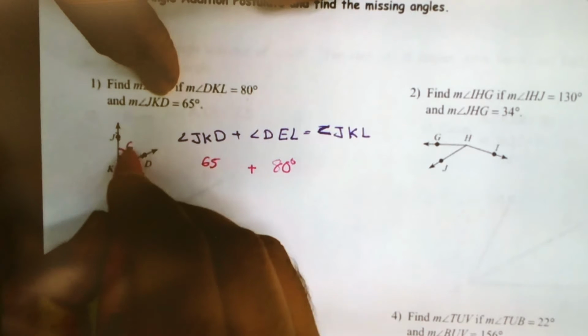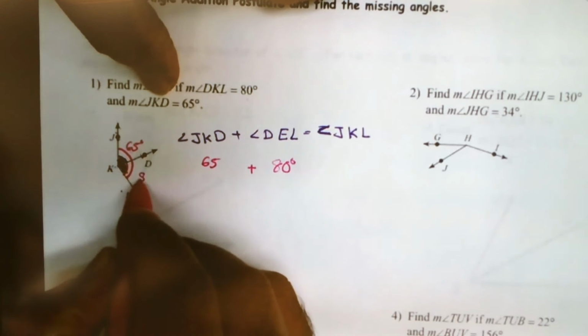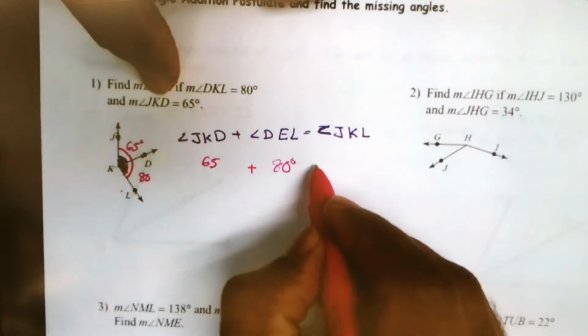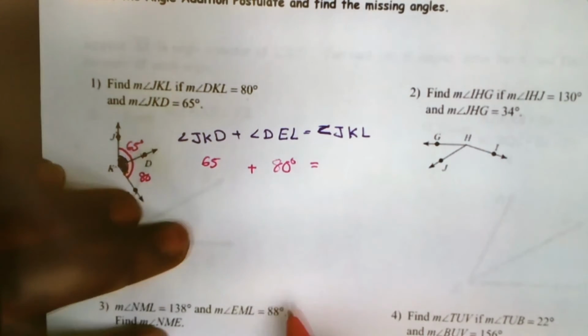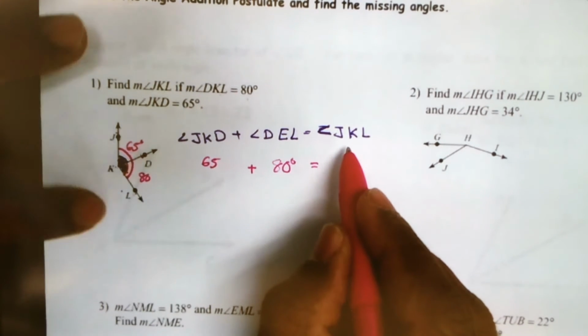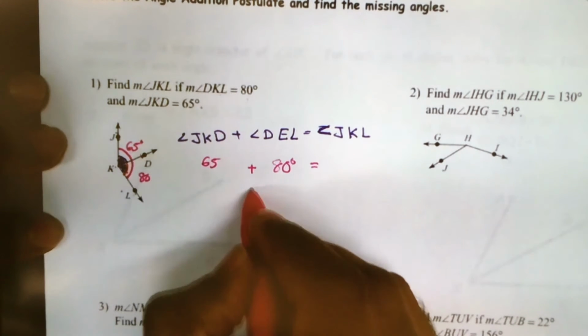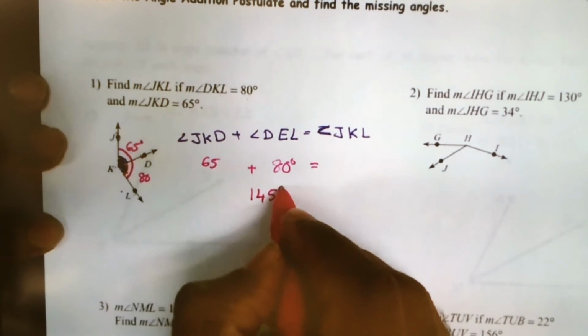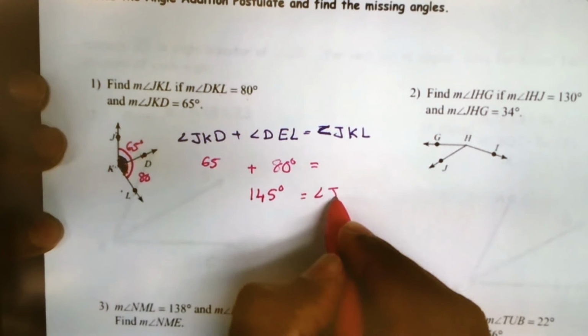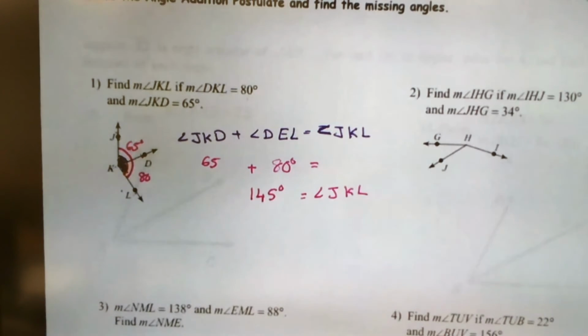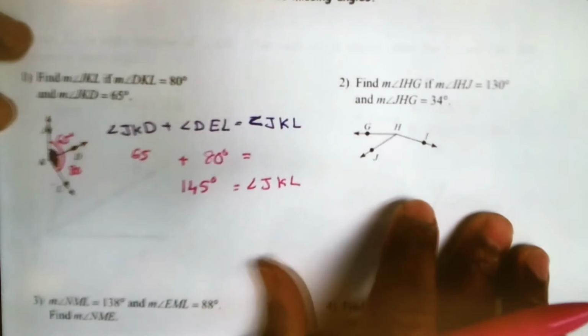So this is 65 degrees here, this is 80 degrees here. Combining them together, the whole angle JKL is 80 plus 65, which is 145 degrees. That is the measure of angle JKL. So let us do the next problem, question 2.